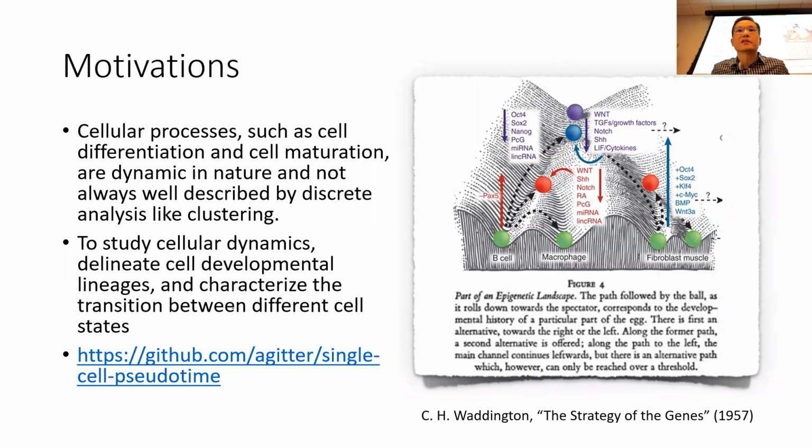So the idea here is related to canalization. This is Waddington, who proposed the canalization idea to characterize genetic robustness in animal development in general.